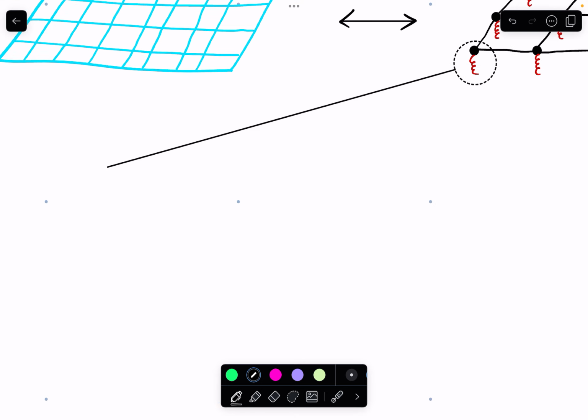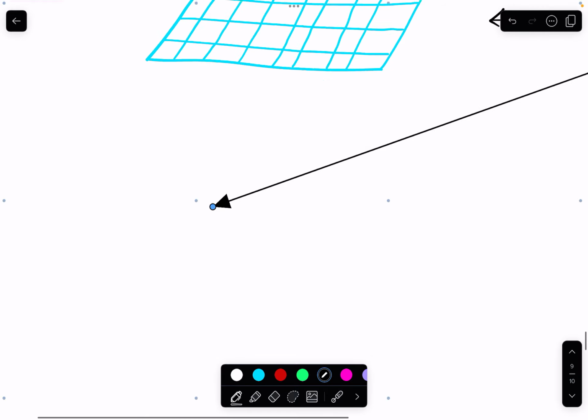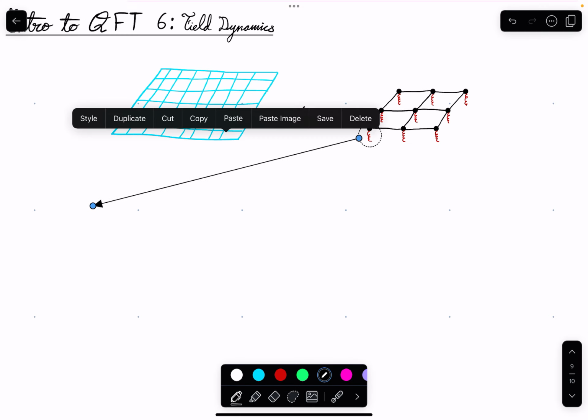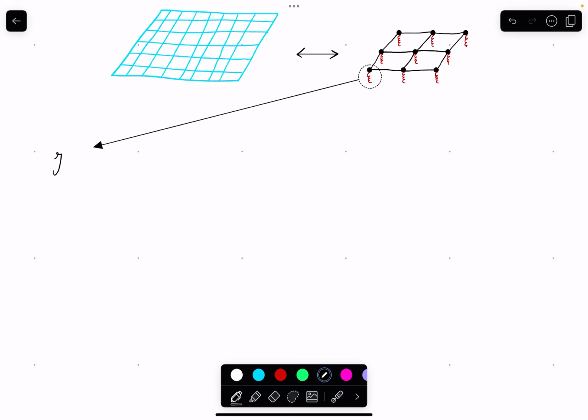This right here is an individual harmonic oscillator, and it evolves in time as what I'm about to write.